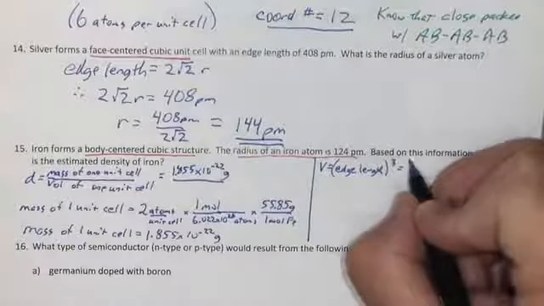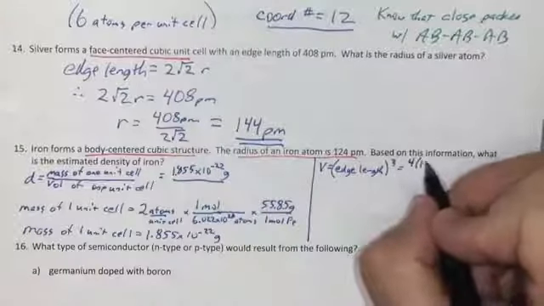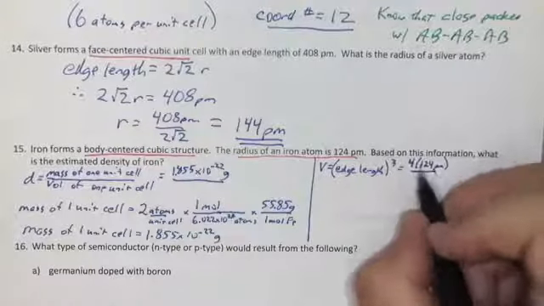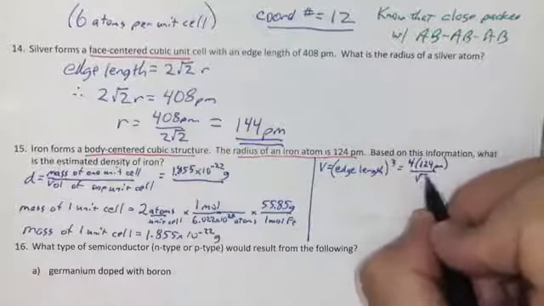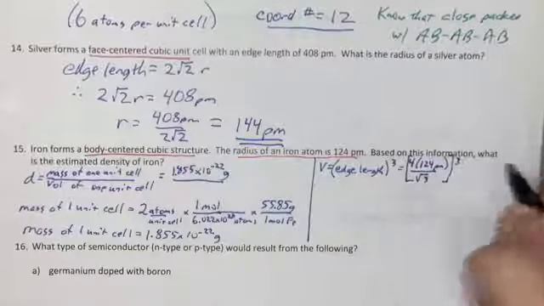So 4 times r, 124 picometers, over the square root of 3. And that entire quantity is cubed.